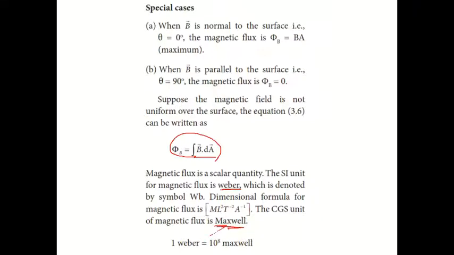Weber or Maxwell. 1 Weber is equal to 1 mass into length square divided by Tesla square divided by ampere square. 1 Weber is also equal to 10 power 8 Maxwell.